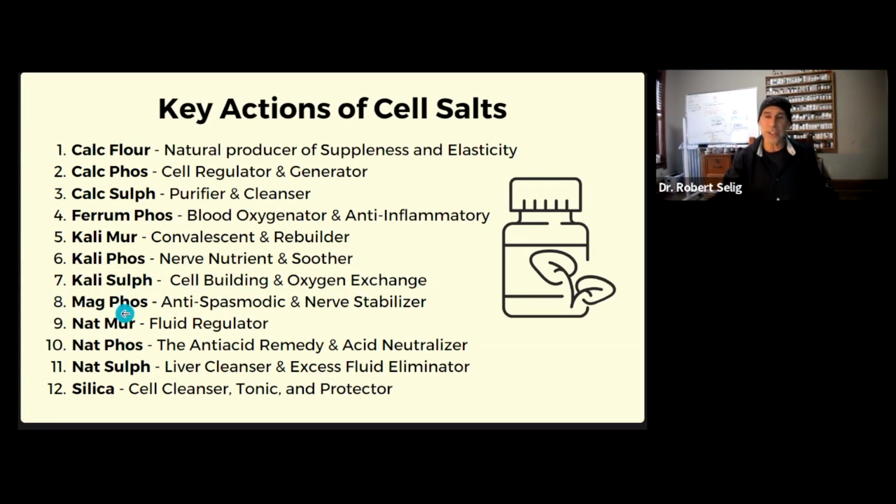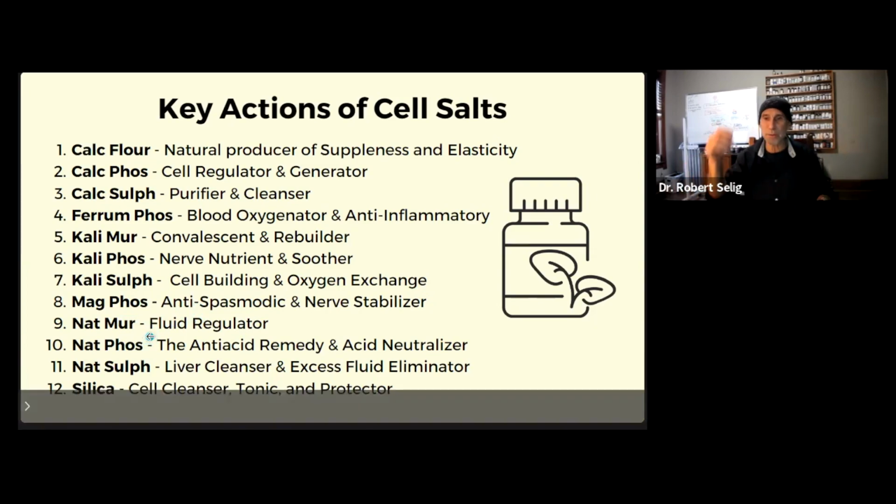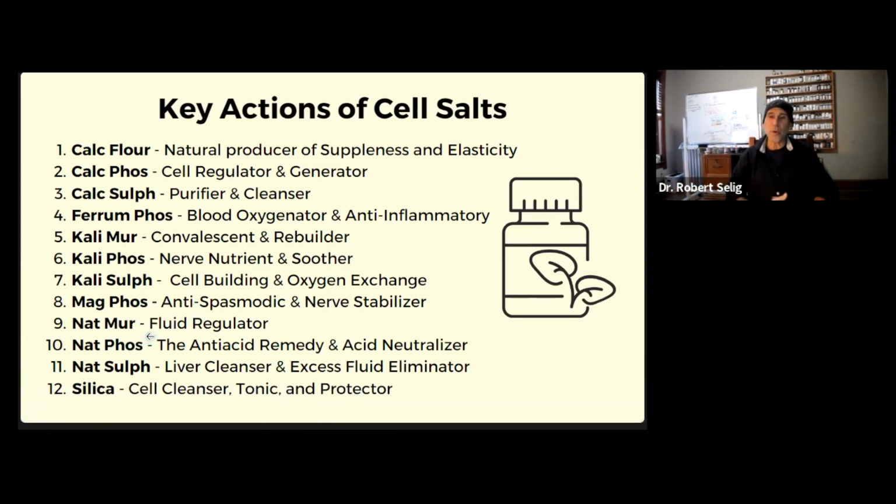Mag Phos is another standalone. This is probably one of my all-time favorite cell salts. When you think Mag Phos, think it's your Tylenol, your Midol, your Advil. It's your antispasmodic when we see spasms and twitches, and when a woman's having those uterine contractions from PMS and she's bent over, needs to put the hot water bottle, and she's taking the Midol, but she still has the pain.